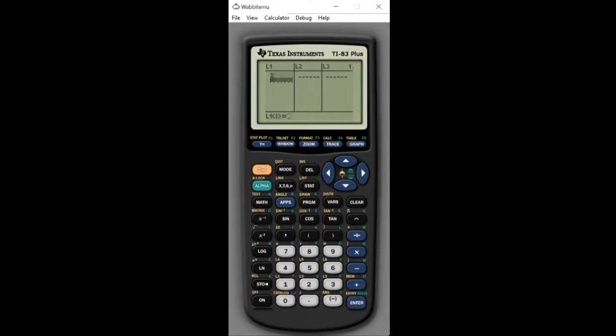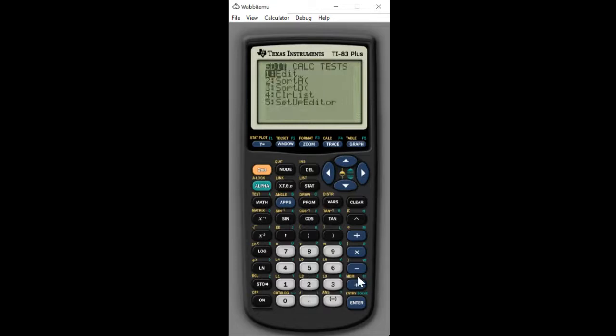So I'm going to hit 2, Enter, 10, Enter, 15, Enter, 3, Enter, 14, Enter, 6, Enter, 15, Enter, 8, Enter, 5, Enter, and 9, Enter. Okay, I got my numbers there.